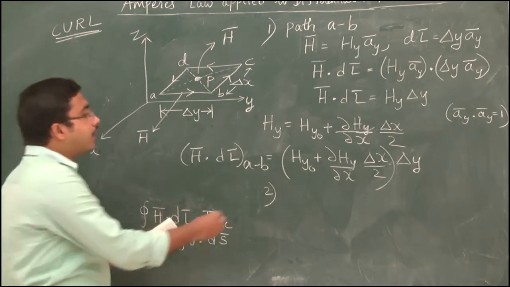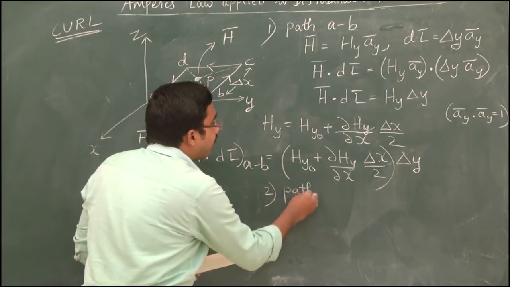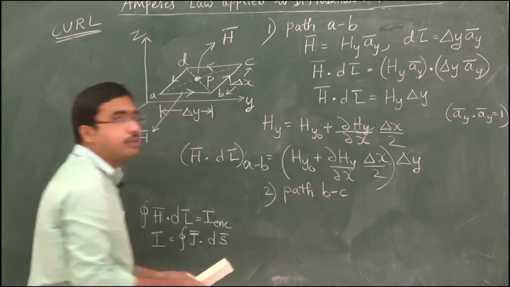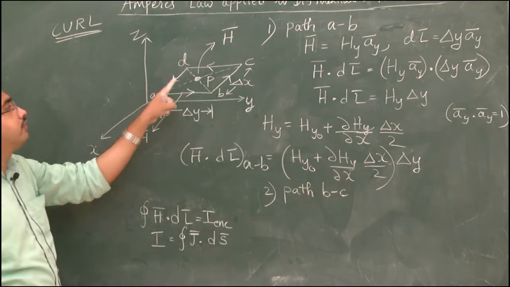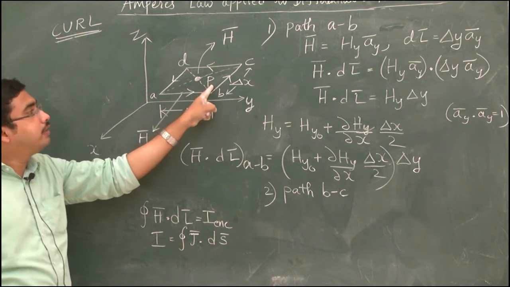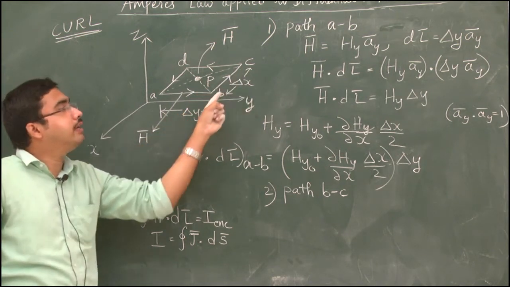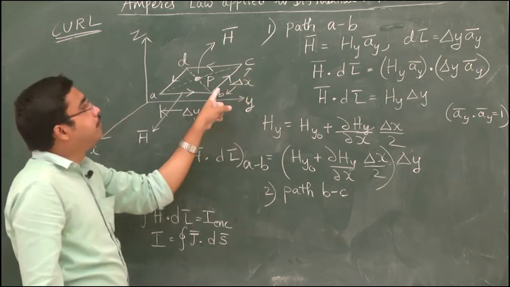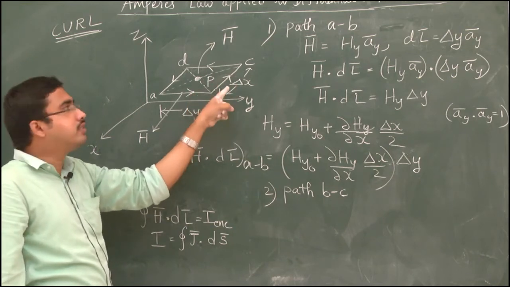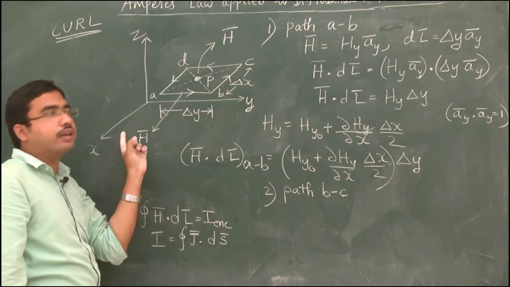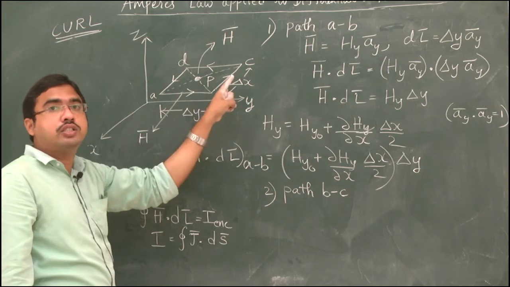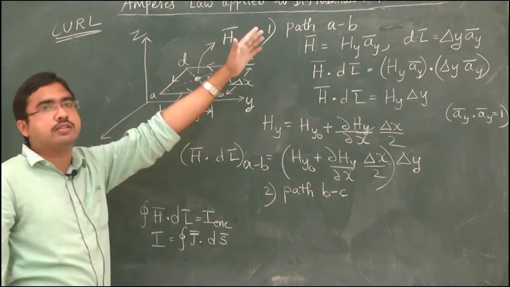Now the second path is path B to C. That means we should find the expression for H bar at this point P due to this Amperian path BC. Now BC is matching with which side? X side. But it is going in which direction? It is going in the negative X direction.